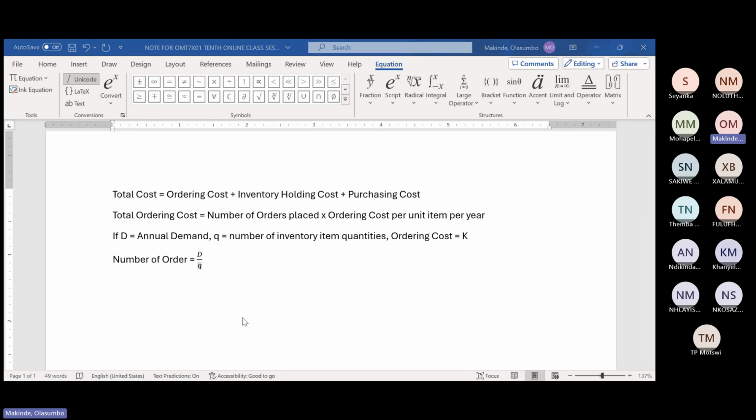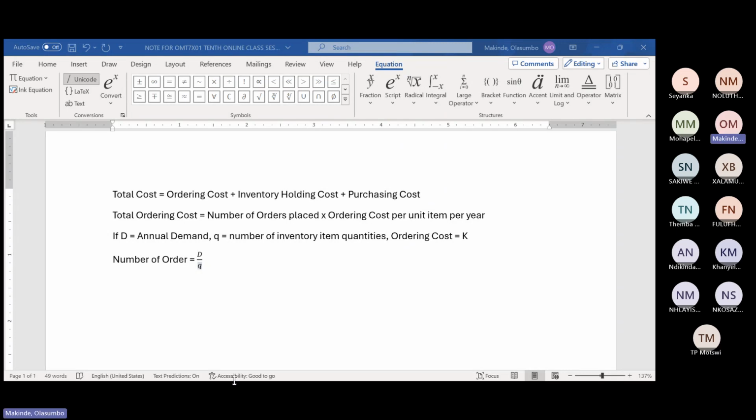If your total annual demand is 1,000 units for a particular item, and you place an order, let's just say you place an order of 200 every ordering phase, which is Q, and your total annual demand is 1,000, which is D. So the number of orders you place per year, based on that simple logic, will give you 1,000 over 200. And that's also what we are saying: the number of orders you place per year is D over Q.